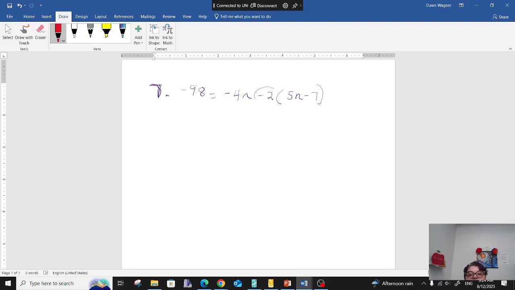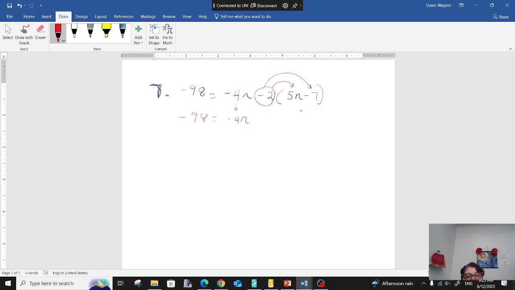So see here I have negative 2, right? You need to distribute this negative 2 to both terms, and you have to watch your signs. So I'm going to bring this negative 98 down. I'm not doing any math to it. I'm going to bring this negative 4n down. No math, just bringing it down. Now I start doing the math.